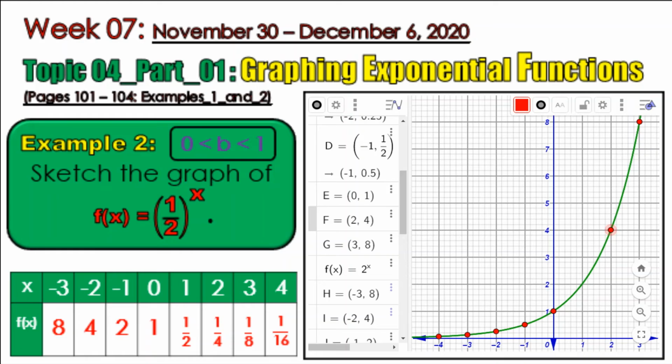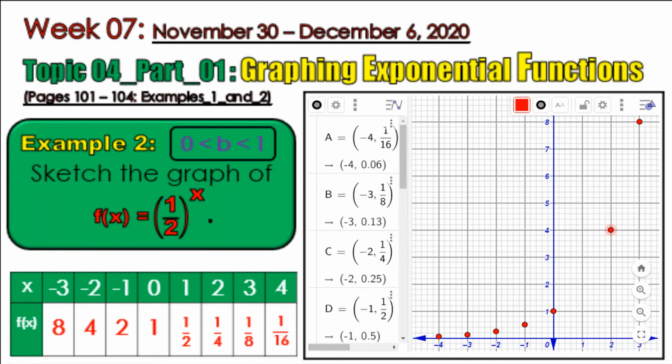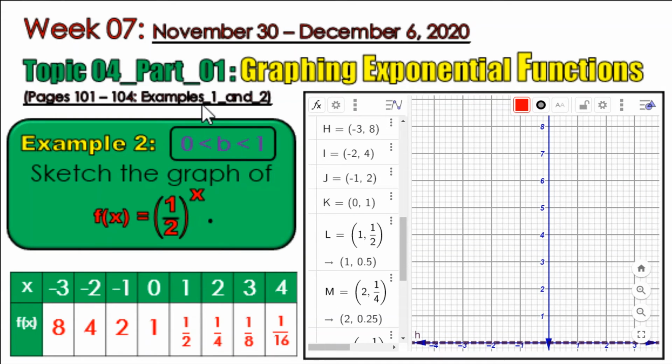Now let us sketch the graph of this function. We have the first point, negative 3, 8. Next, we have negative 2, 4.